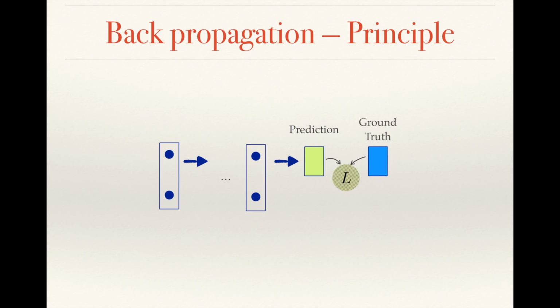Then bring in the ground truth as the supervision and compare the prediction and the ground truth using the loss. Now we have the knowledge of how the output of the network should change.